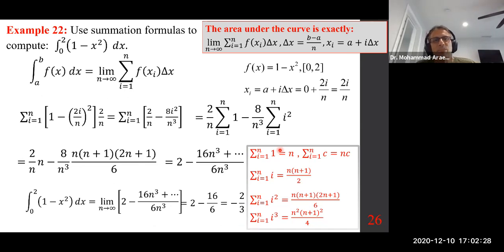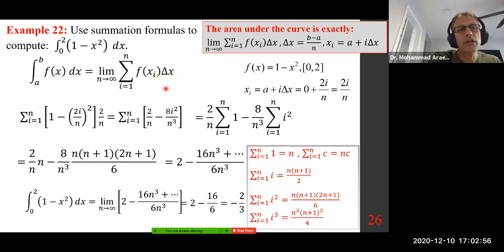Again, a quick recap. What is your function, f of x? What is a and b? What is delta x? What is a plus i delta x? You have to write each and every one of them. Okay, class? You have to write each and every one of them. And then evaluate this.